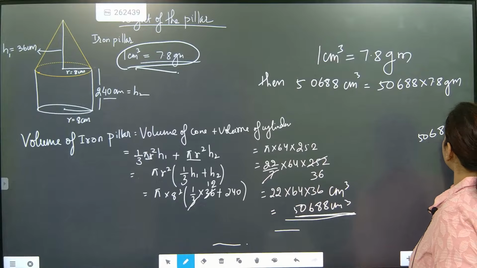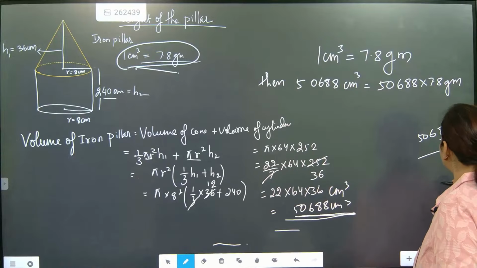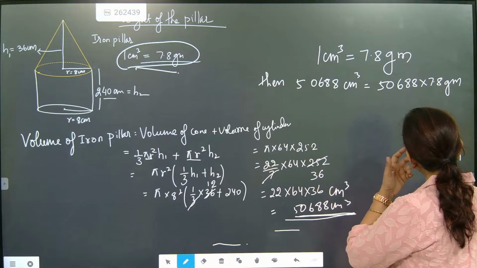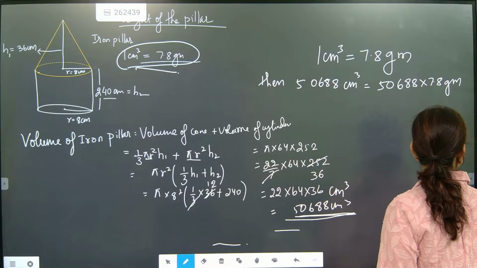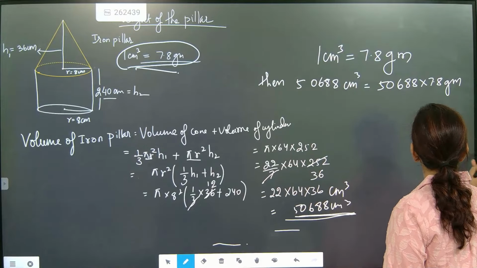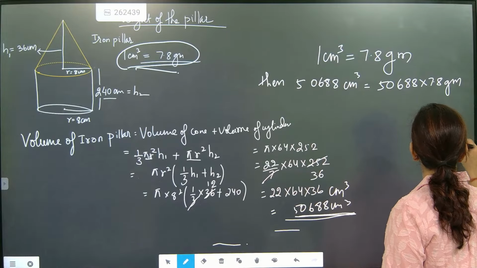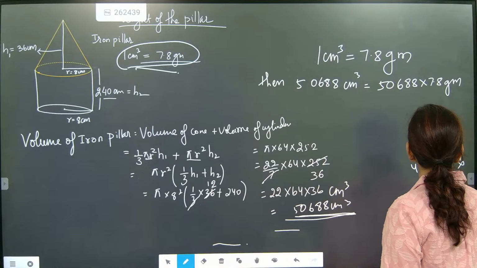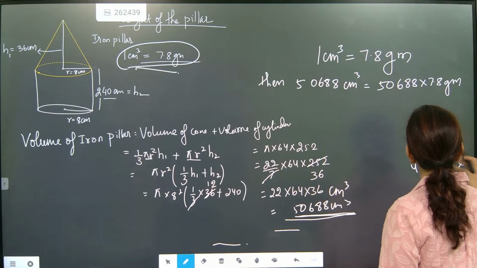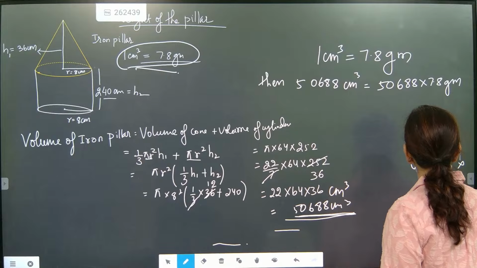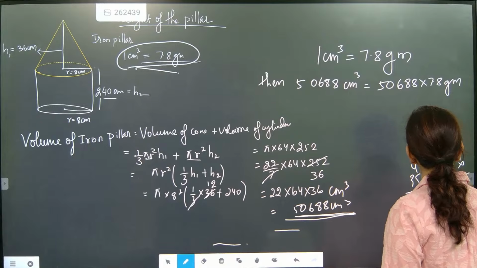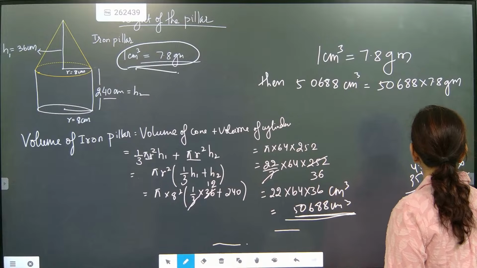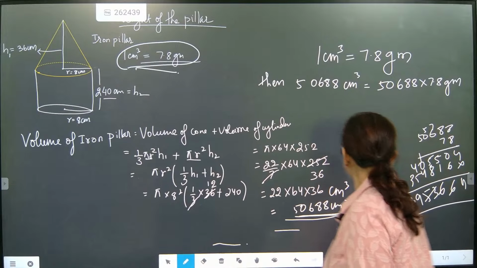Okay, 50688, 7.8, 8864, 8864 plus 6 was 70, 768, 48, 48. 3953669.